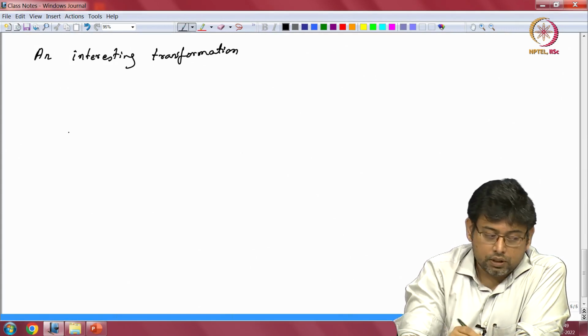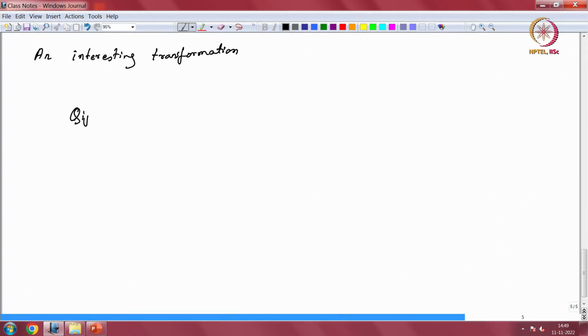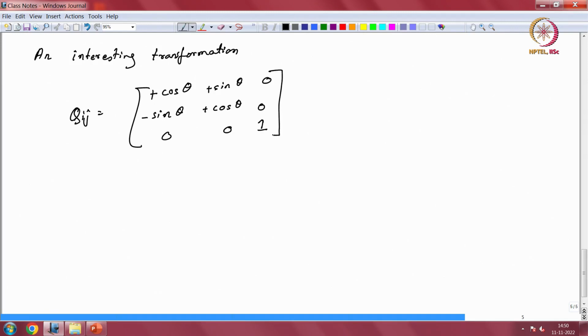So I'll give you this particular matrix. This is a 3-dimensional matrix. The first entry is plus cos theta, then plus sin theta, and then the next row has minus sin theta and again plus cos theta, and we'll populate almost everything else with a 0 except here, and I am going to ask you to see what this does.